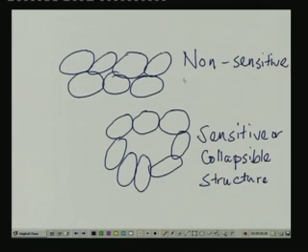Now the question arises, how could a collapsible structure develop? A collapsible structure could develop because of weak cementation at the intergranular contacts, or because of other chemical influences.